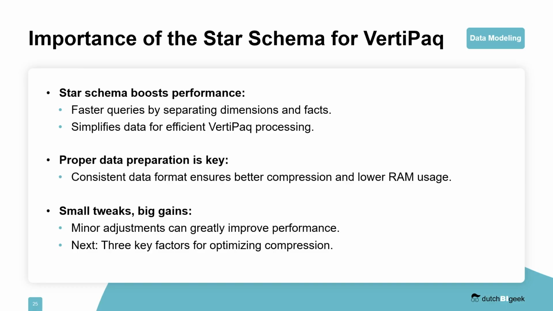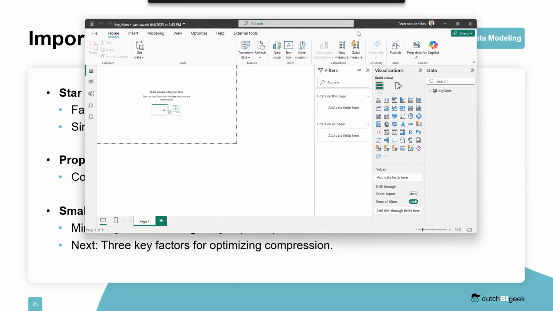And why that is important and what the effect of that is, I show you in some examples. With small tweaks, we reach big gains. Let me show you how we can optimize the data model with small tweaks. So the first is the keys.